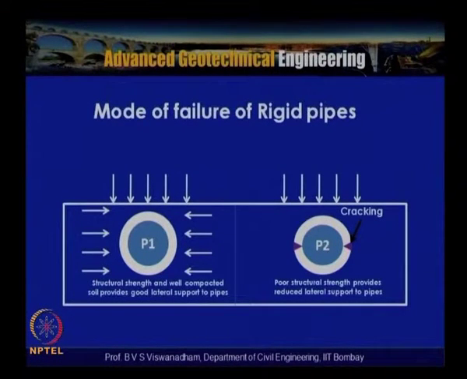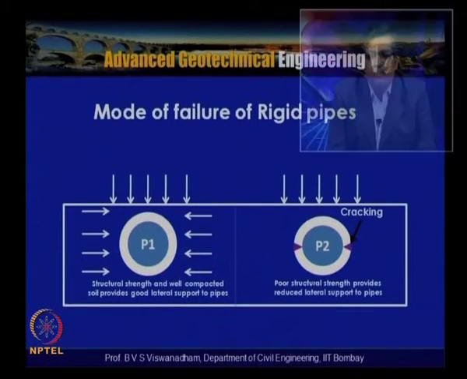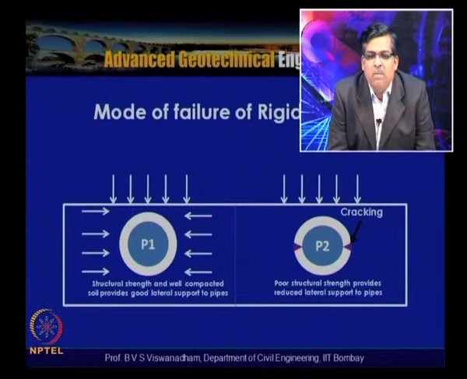Structural strength and well compacted soil provide good lateral support to the pipe, while poor structural strength, for example if the pipe is subjected to cracking, provides reduced lateral support, and the cracking can endanger the pipe integrity.